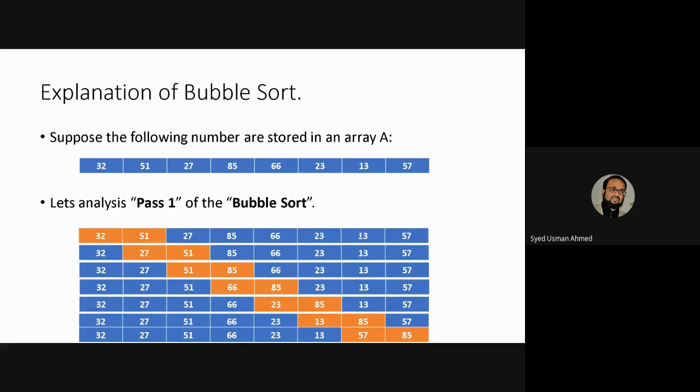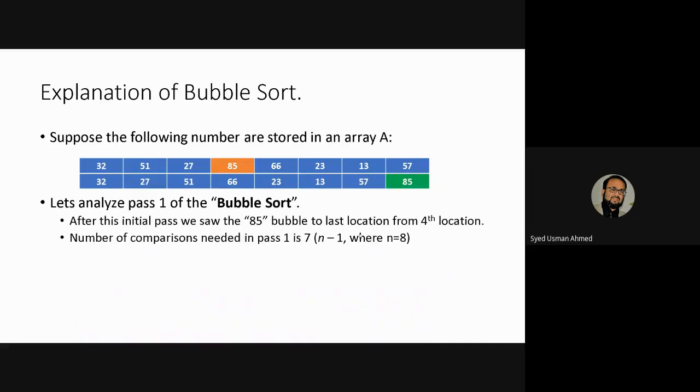So in one pass, we saw that the number of comparisons is 7, that's 8 minus 1. With 8 elements, there are 7 comparisons. So if there are n elements, there are n minus 1 comparisons in one pass. Let us analyze pass 1 of bubble sort. After the initial pass, we saw 85 bubbled to the last location from the fourth location. The number of comparisons needed in pass 1 is 7.